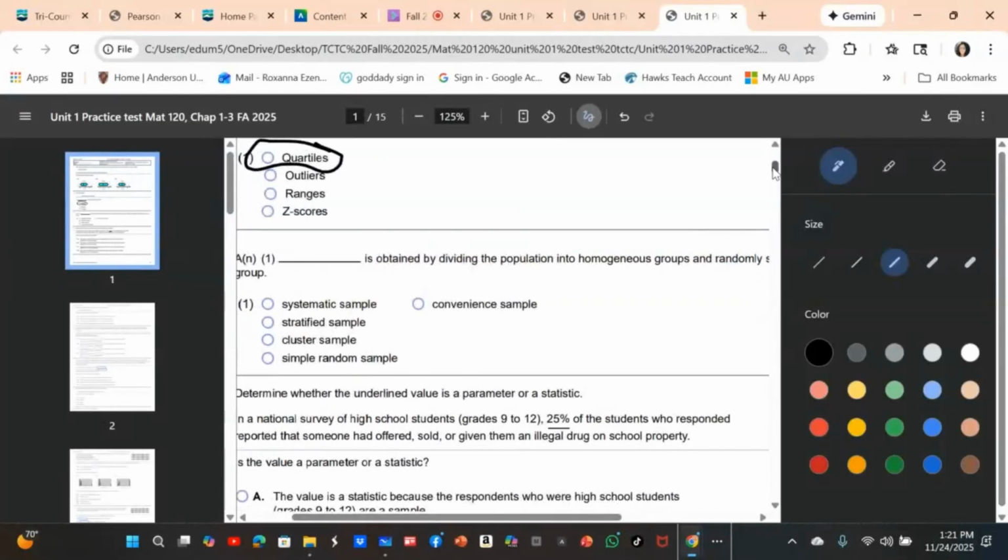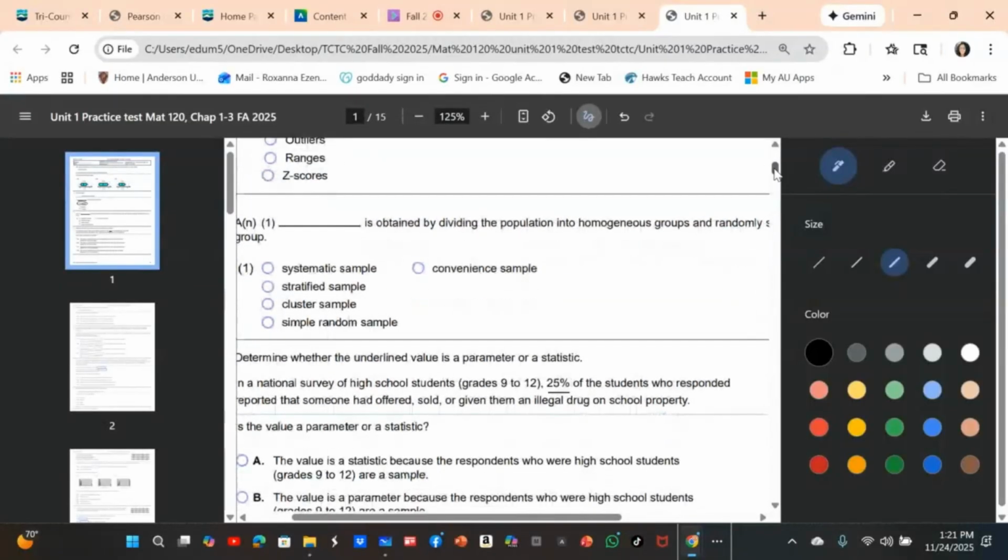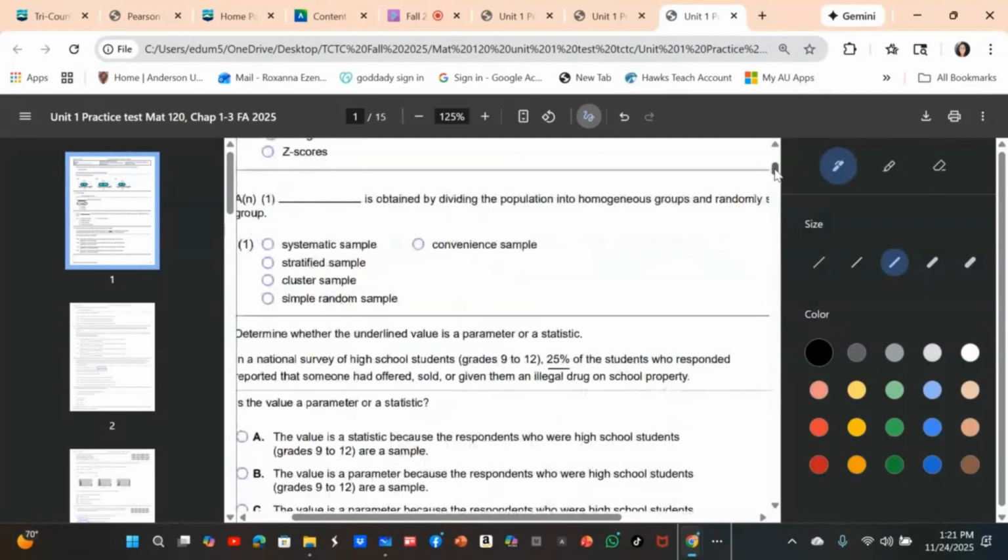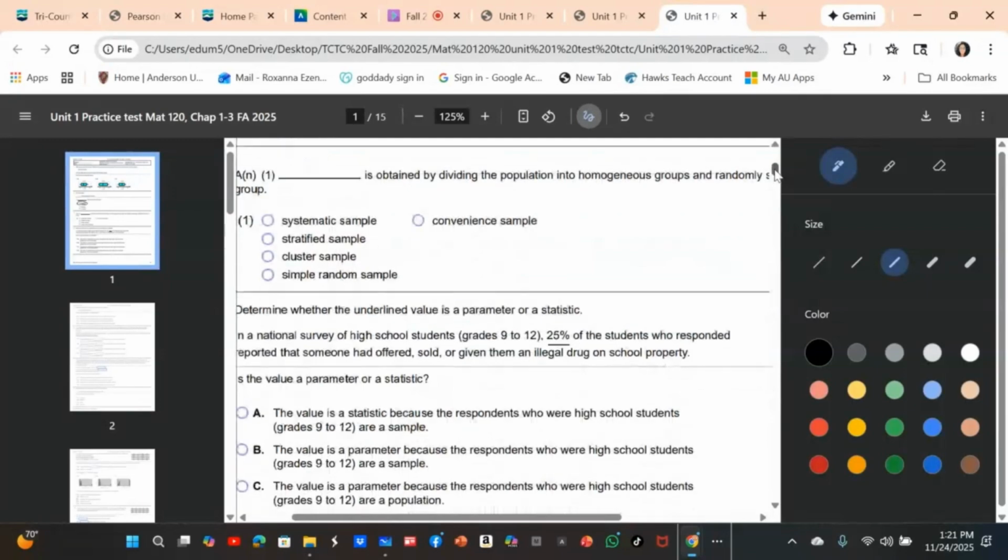Is it the systematic sampling method? No, it cannot be systematic. Stratified sample, yes, it is the stratified sampling method. You divide them and then keep selecting data randomly from the group.